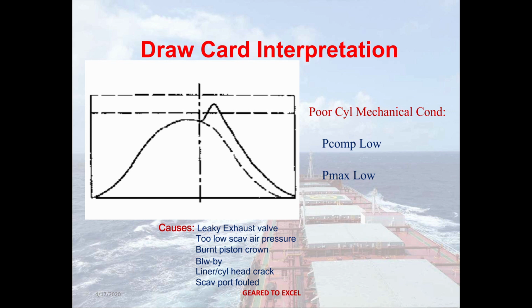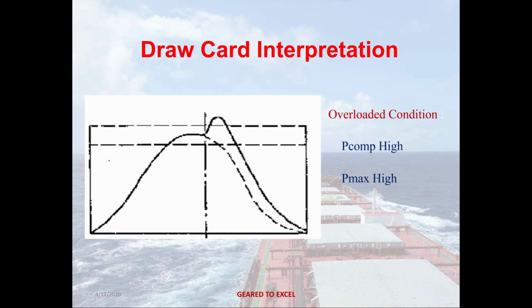The causes can be a leaky exhaust valve, too low scavenge air pressure, burnt piston crown, blow-by, liner or cylinder head crack, scavenge port fault. All these causes can lead to poor cylinder mechanical condition, and you will have a draw card like this.